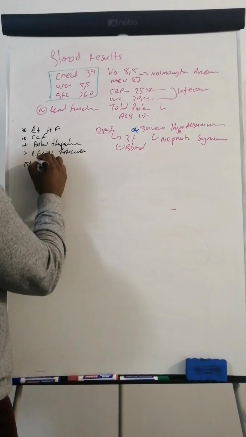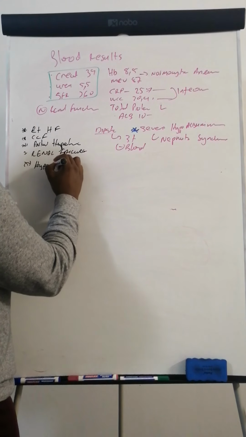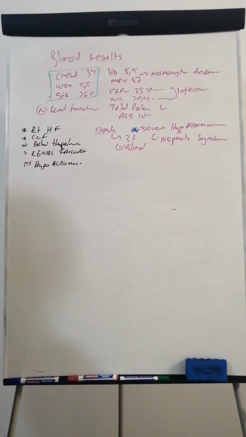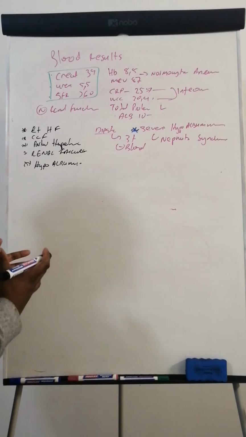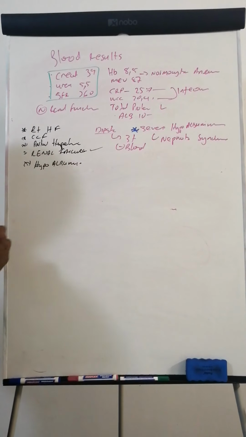And don't forget low albumin, hypoalbuminemia. Don't forget it as well. So for the swelling of this patient, the doctor who saw this patient thought that this patient might be having one of these.